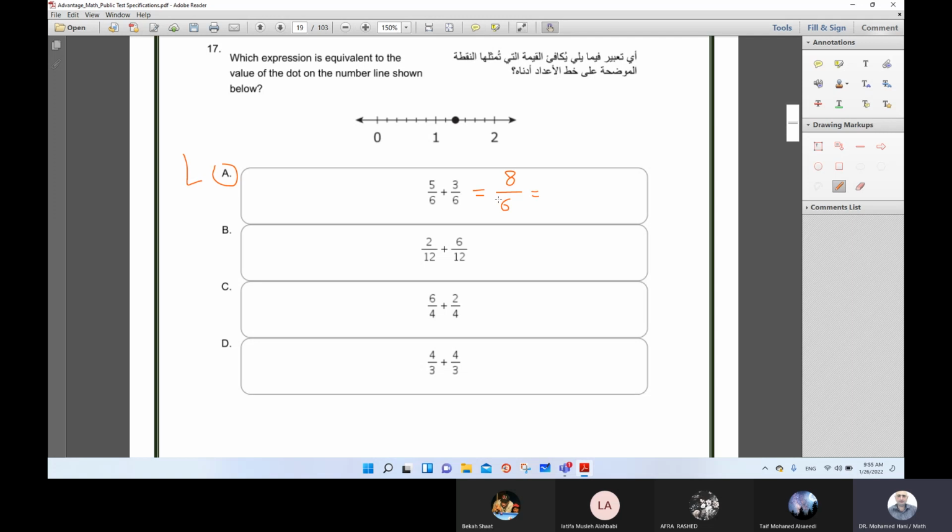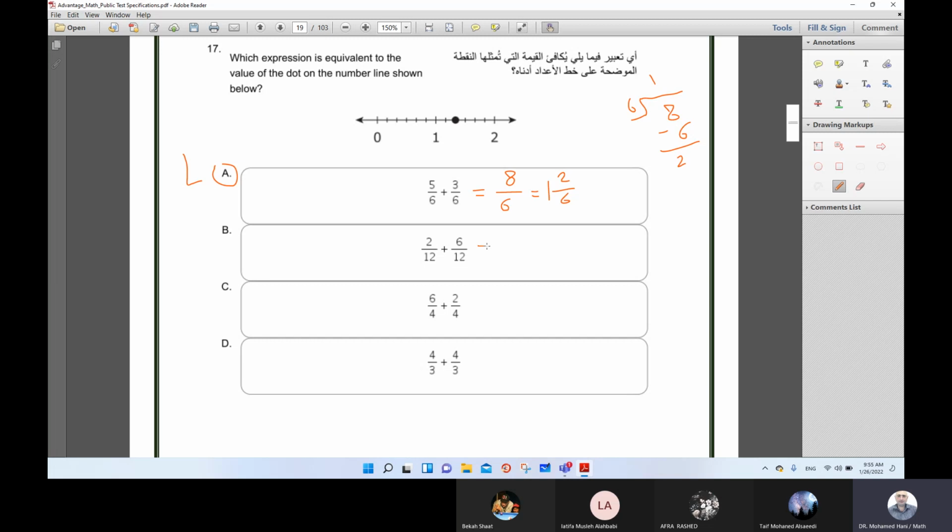We can write this fraction as a mixed number using long division. Here we have 8, here we have 6. So 8 divided by 6 will be 1. 1 times 6, 6. 8 minus 6, 2. So the whole number will be 1 and 2 over 6.